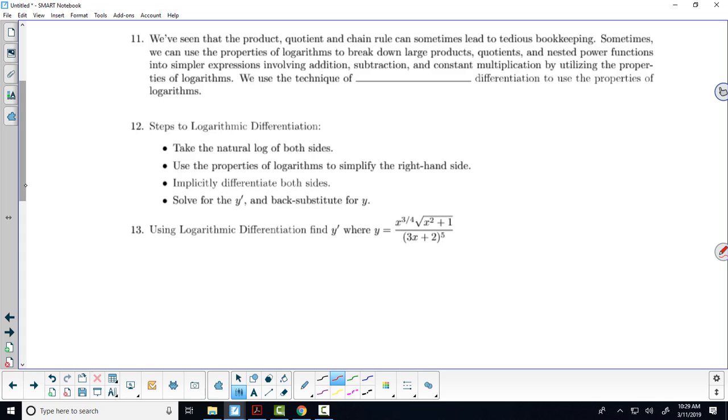So we're going to call this technique the technique of logarithmic differentiation. I am only going to work one example of it because all the other examples would go the exact same way. But by working only one example, I'm not saying it's unimportant. You are guaranteed to have a logarithmic differentiation question on your next exam. So this is how it works.